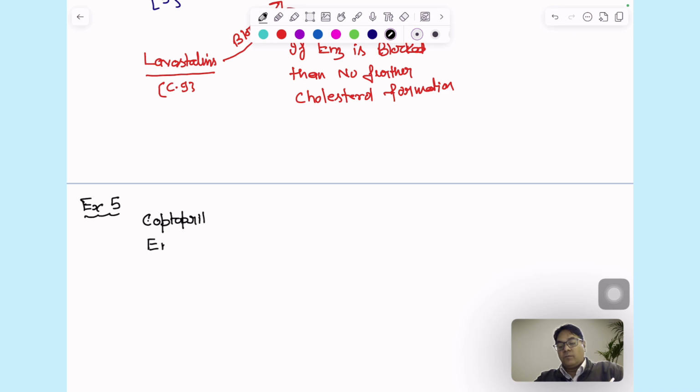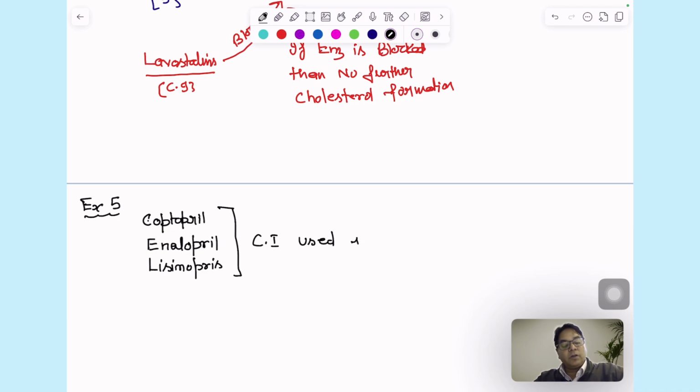Along with it, enalapril, lisinopril, they are all competitive inhibitors used in the treatment of hypertension by lowering the BP.